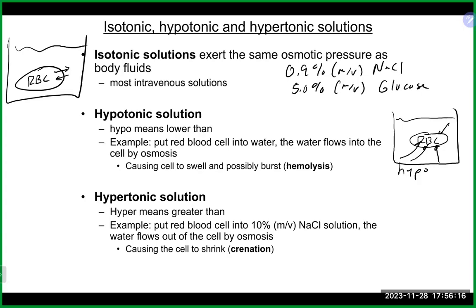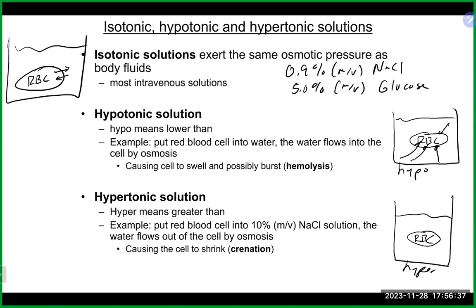Hypertonic solution means that it is greater than, hyper, and that would mean that we put our red blood cell, for example, here into a hypertonic solution. That means that in this particular case, we put it into a solution that's greater than 0.9% sodium chloride or greater than 5% glucose.